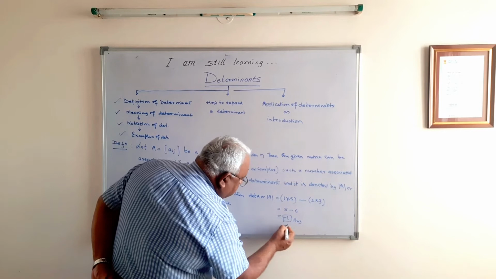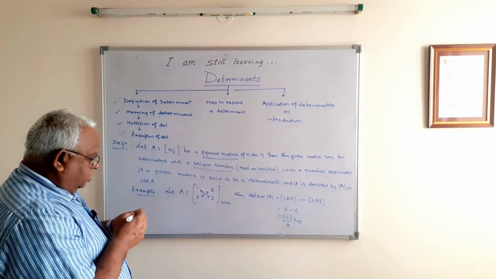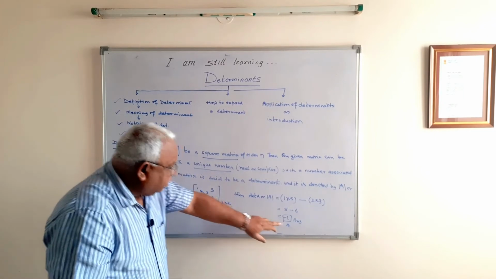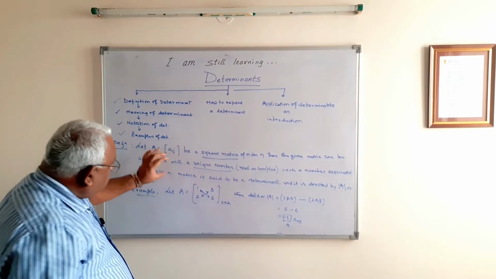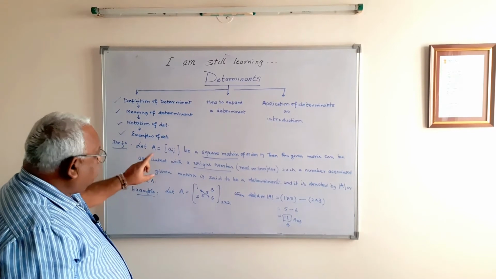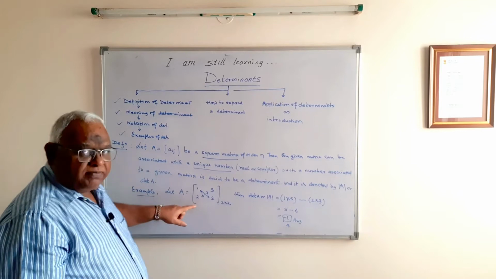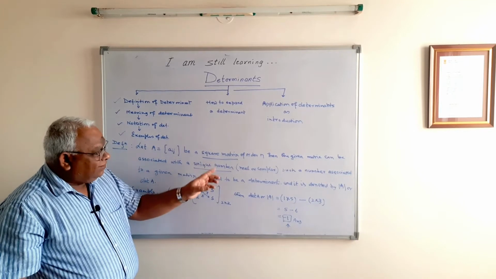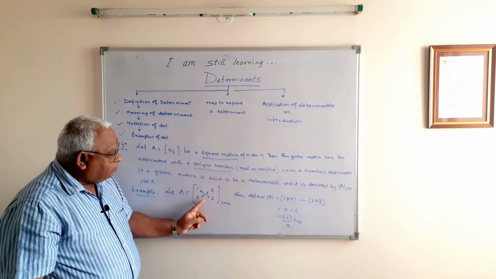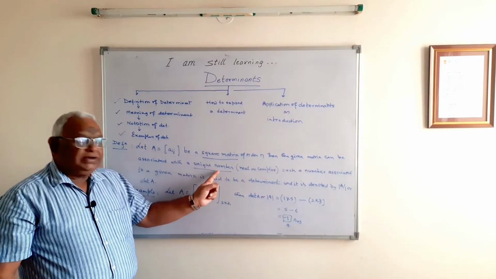I hope you might have understood by this answer each and everything mentioned in the definition. First important thing is it has to be a square matrix. Then every square matrix will be associated with a unique number.